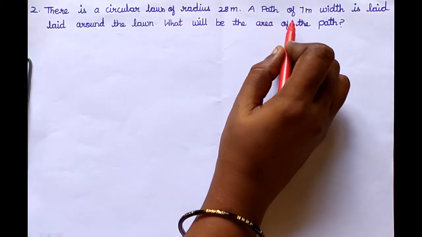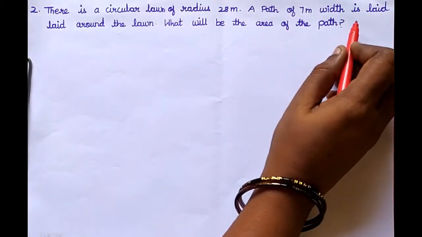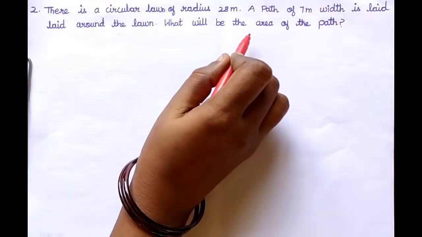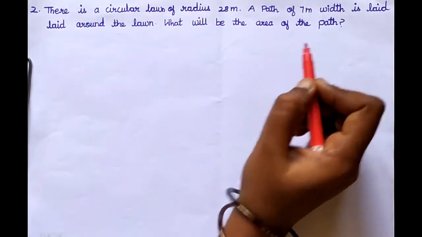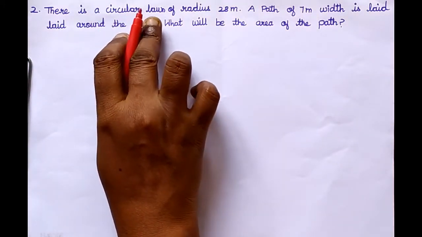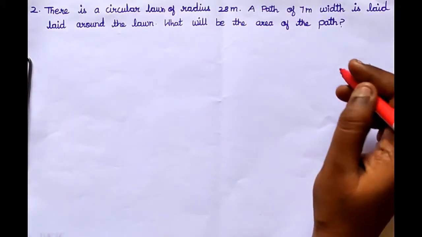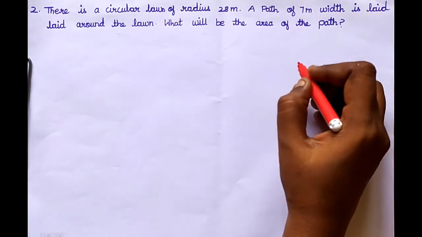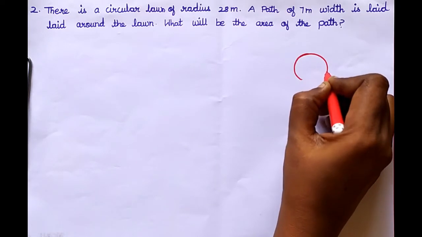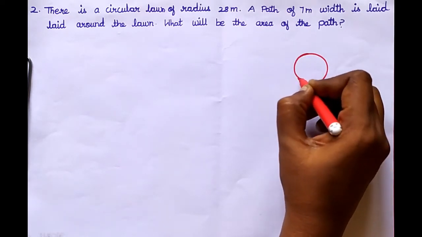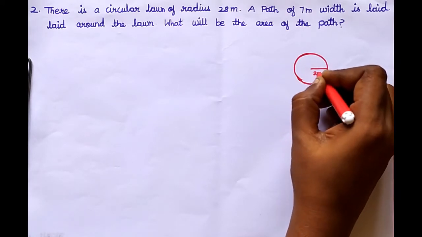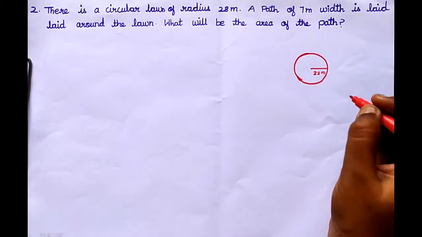A path of 7 meter width is laid around the lawn. What will be the area of the path? Listen, circular lawn, radius 28 meter. So imagine that it is a circular lawn of radius 28 meter.